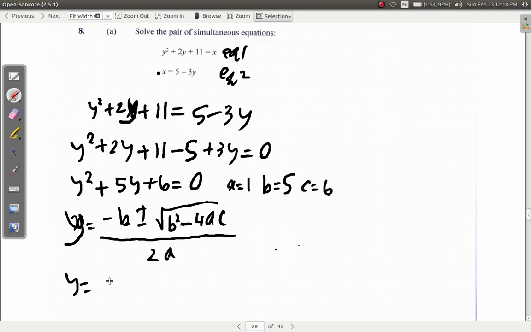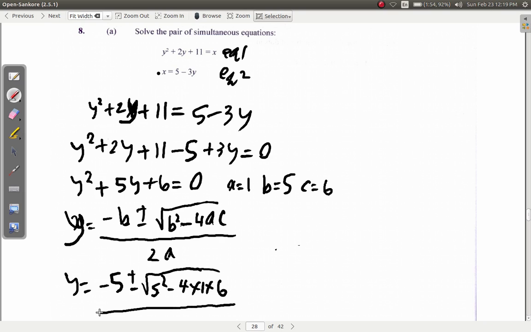So y is equal to negative 5 plus and minus the square root of 5 squared minus 4 times a, which is 1, times c, which is 6, all over 2 times a, which is 1.